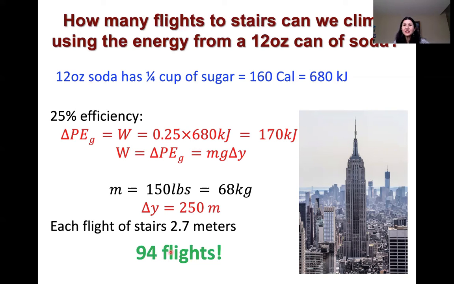Of course, this calculation is not perfect because you're not only moving up, you're also moving horizontally, and you're doing work against friction too. So the actual calculation gets a little more complicated than this, but it's an okay ballpark calculation of how much energy is required to fight against gravity, in a sense.